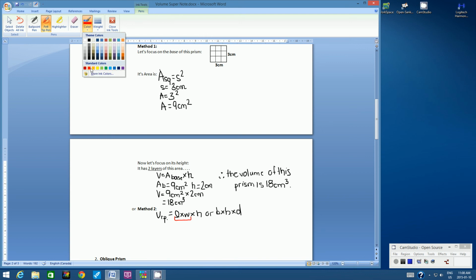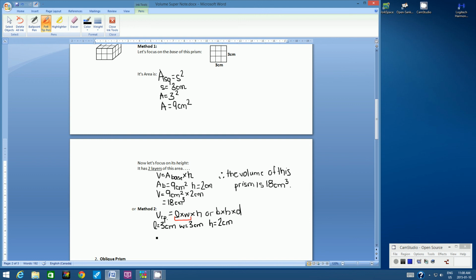Our length equals 3 centimeters. Our width equals 3 centimeters. Remember, the base was a square, so they're essentially the same side. And then the height, or the depth, is how many layers that area was stacked on top of each other. If you remember, it was 2 layers, or a height of 2 centimeters. You can look back to the second part of method 1 to figure that out.